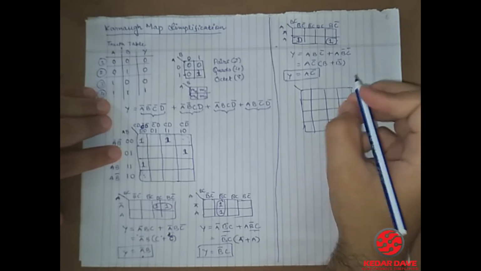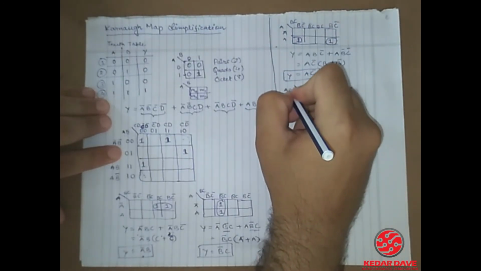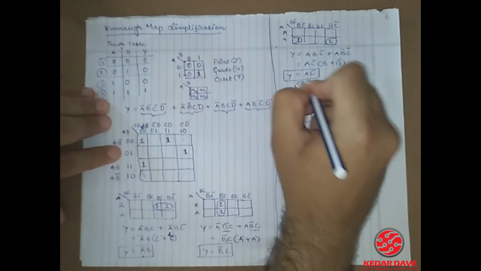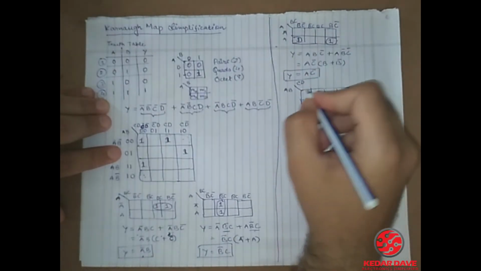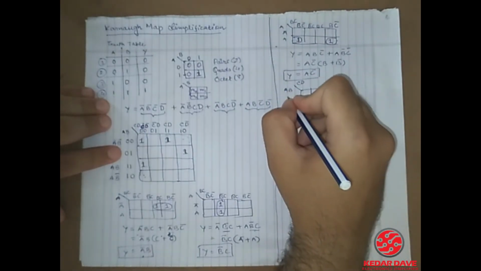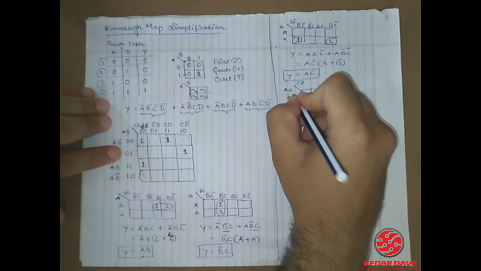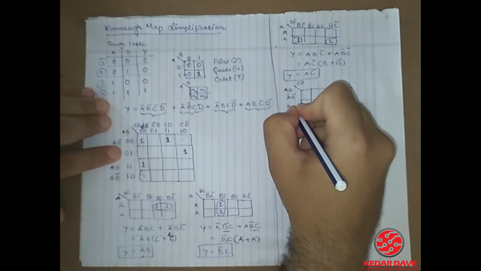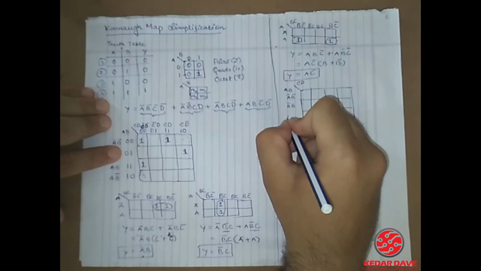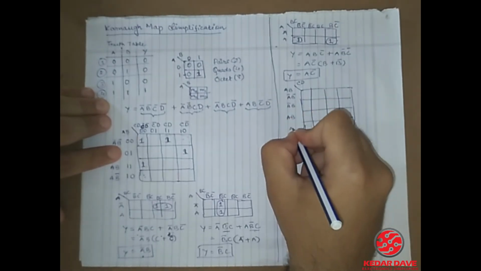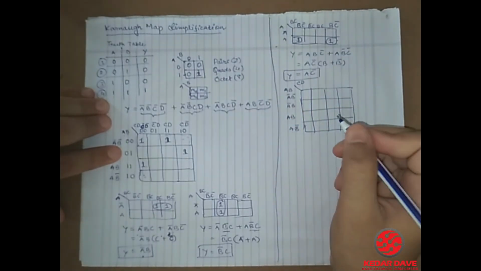Now this is a 4 variable Karnaugh map again. So this is our AB, this is our CD. Now what we are doing, again writing the things that we have understood: A B bar, A bar B, A B and A B bar, this way.